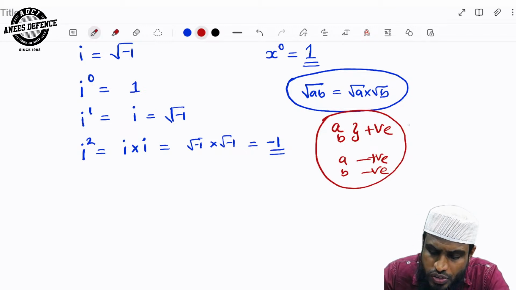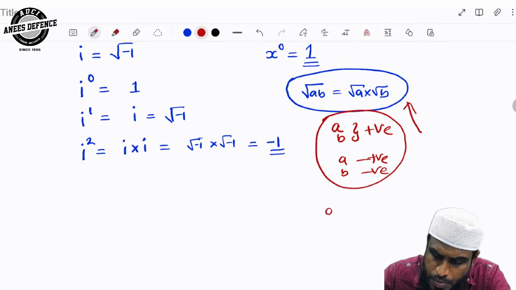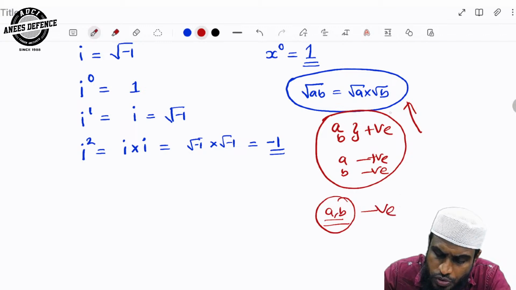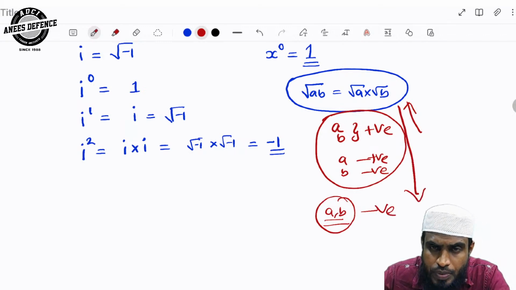In this case only this is valid. If A and B both are negative, this formula is not valid.